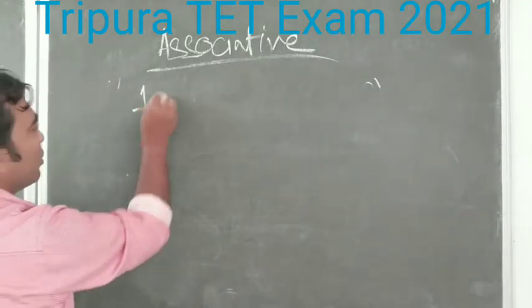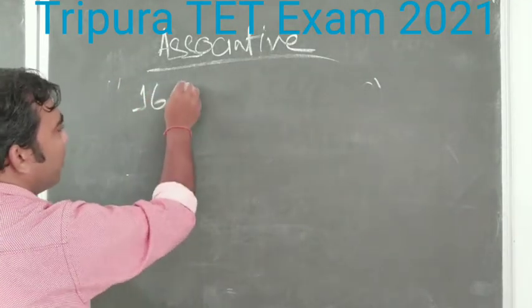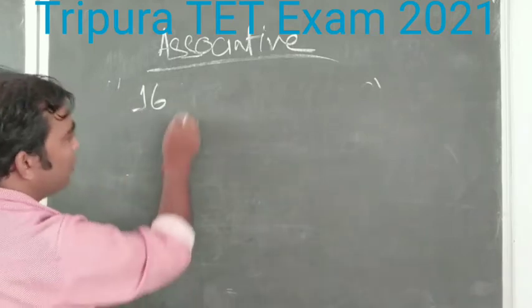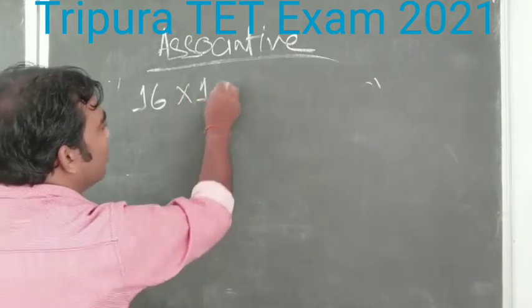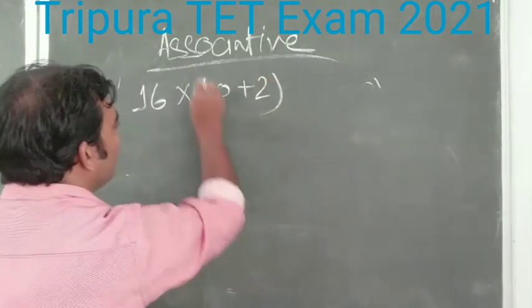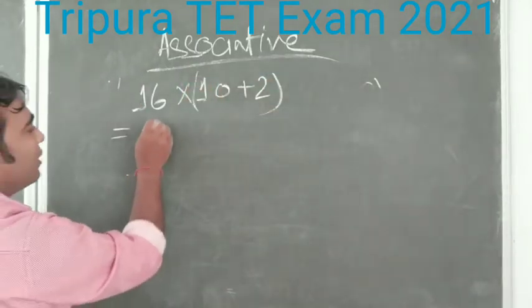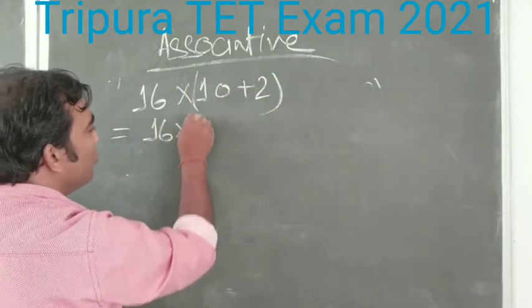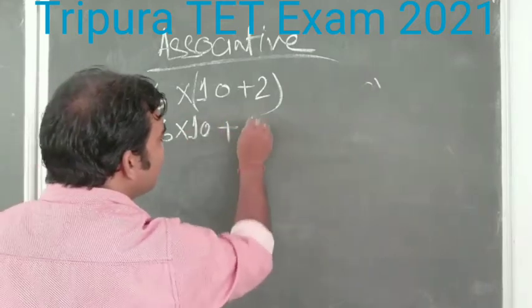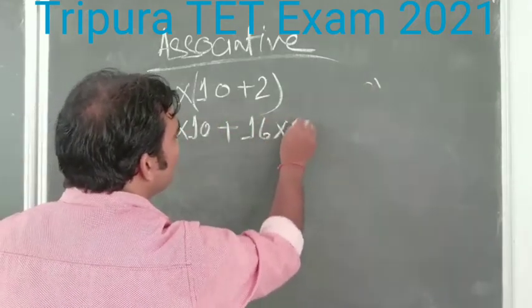So suppose one question is there, 16 into 10 plus 2. We can write it as 16 into 10 plus 16 into 2.